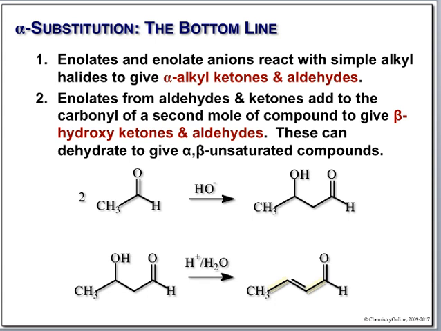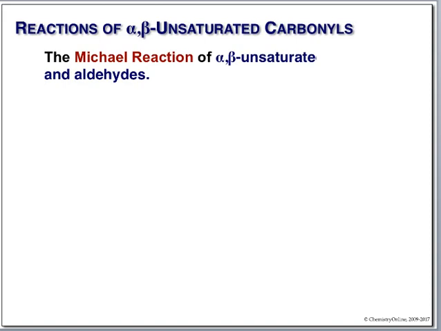Well, let's return just a moment here to our alpha-beta unsaturated carbonyl. We've seen these. We saw them back in chapter something or other. I don't know what it was, but we saw it before, right? I know we did. We looked at the alpha-beta unsaturated group, and we drew an analogy between it and the 1,2 and 1,4 addition of dienes.